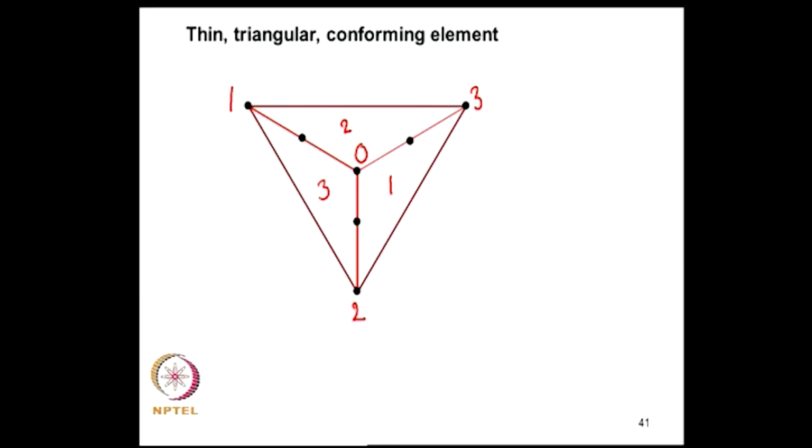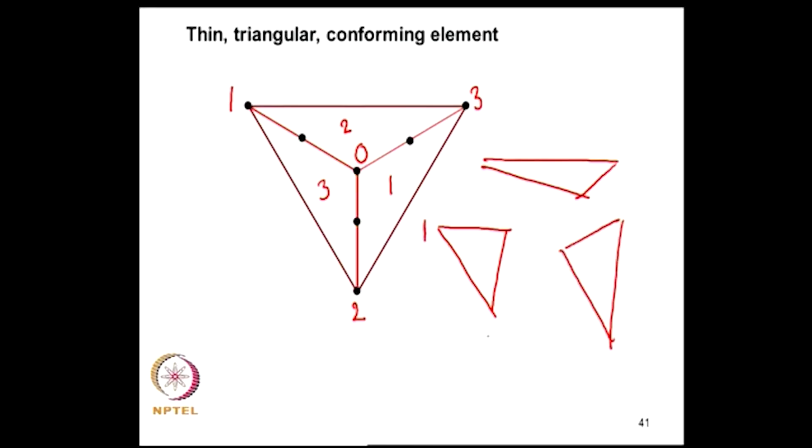Now, we will consider these 3 triangles separately, that means one element will be like this, another element will be like this and yet another element will be like this. So, this will be 1, 2, O, O, 2, 3, 1, 3, O. Now, we will formulate each one separately. So, there will be 9 degrees of freedom here, 9 here and 9 here. So, in total there will be 27 degrees of freedom.